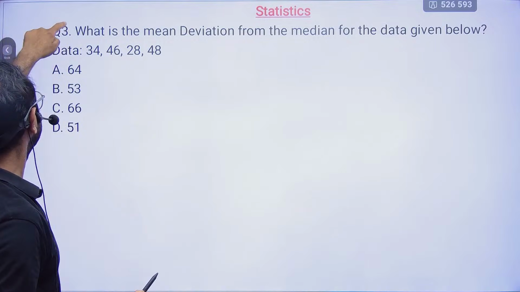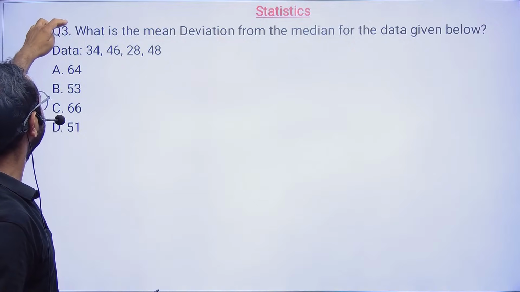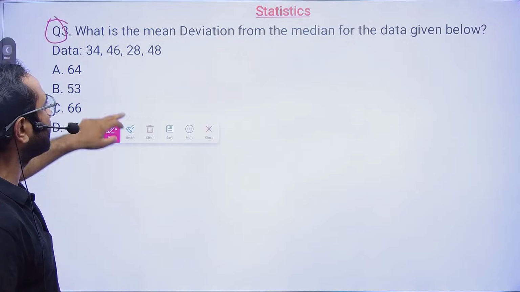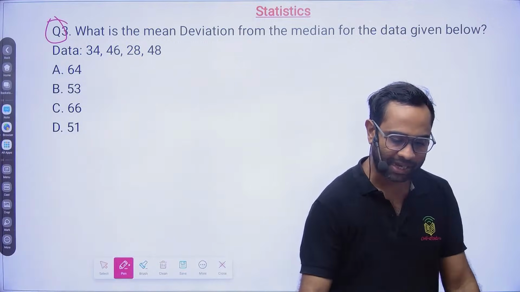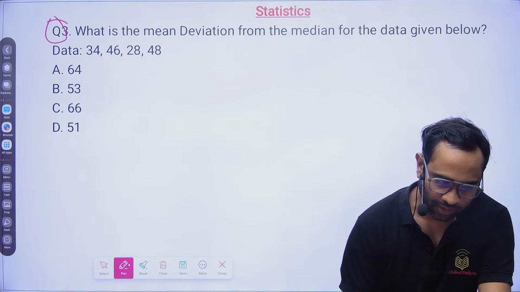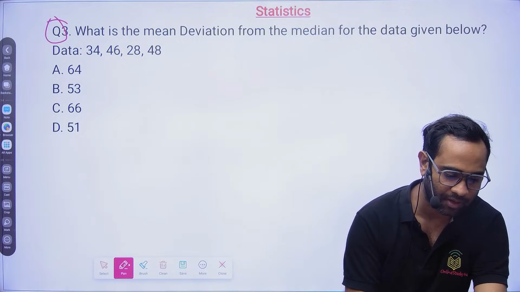Now question number 3. Question number 3 is, what is the mean deviation from the median for the given data below? So now here mean and median both are there. So let's see how we are going to solve it. Your timer starts now.